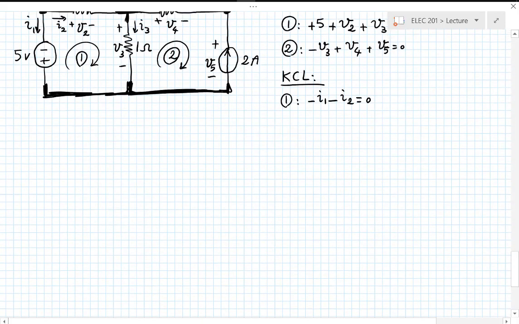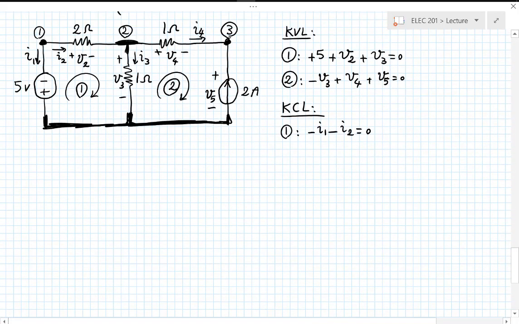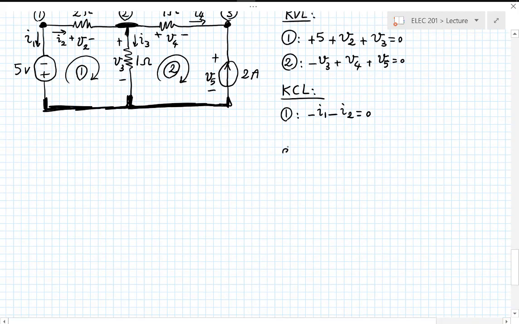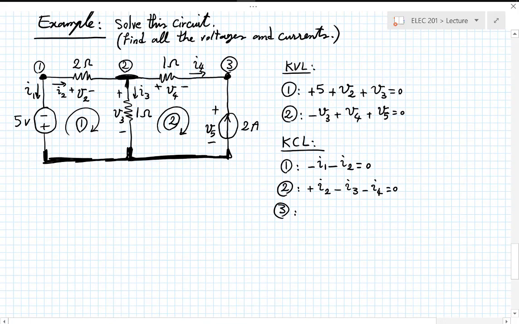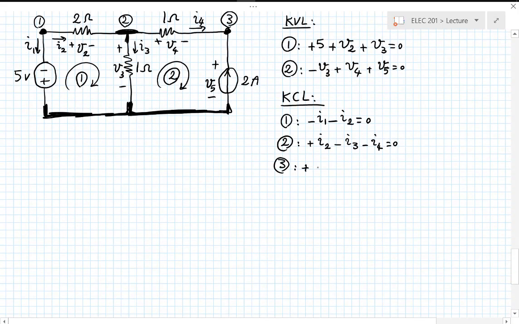So I have plus I2 minus I3 minus I4 equals 0. And at node 3, I have I4 going in, and the 2 amps also going in. So it's plus I4 plus 2 amps equals 0. And I won't include the unit, we are working in the international system.